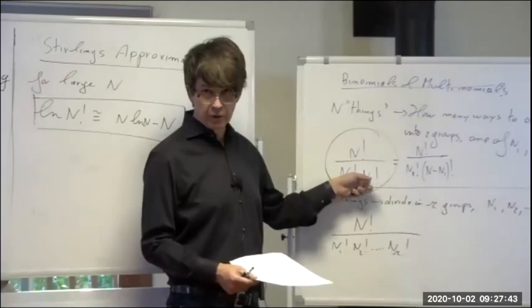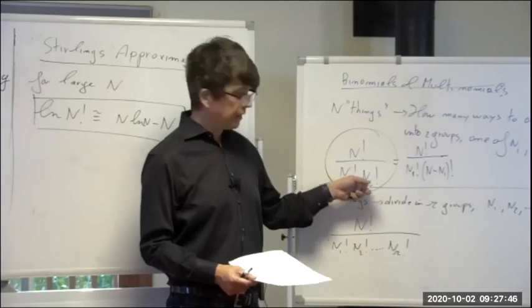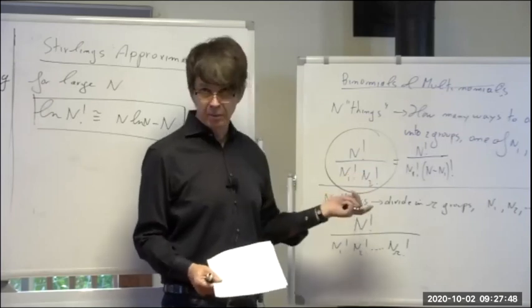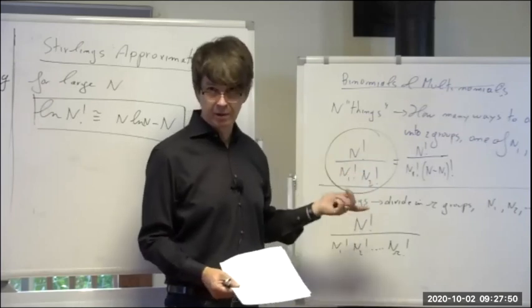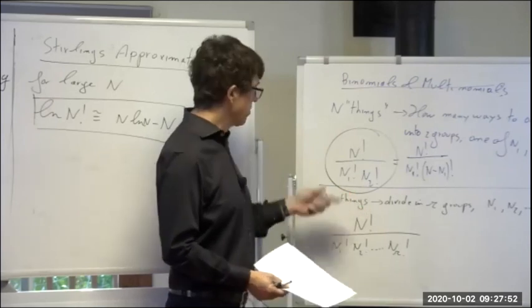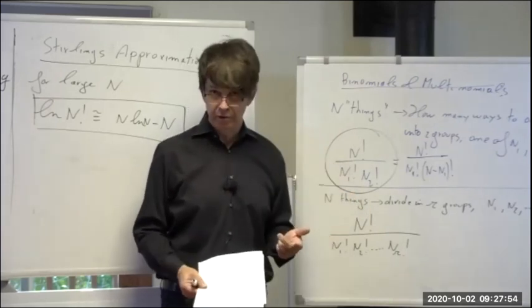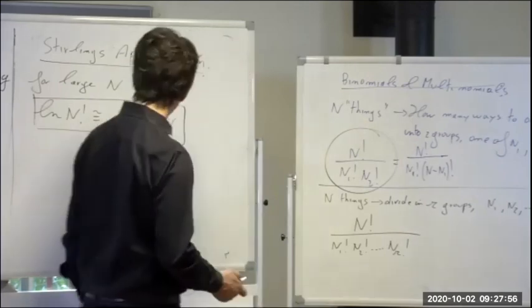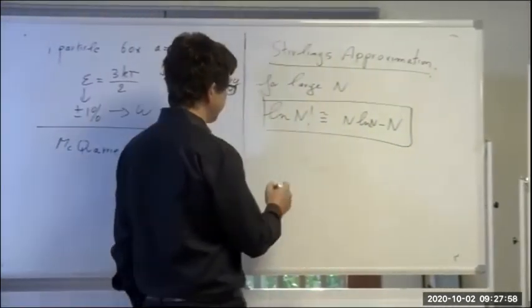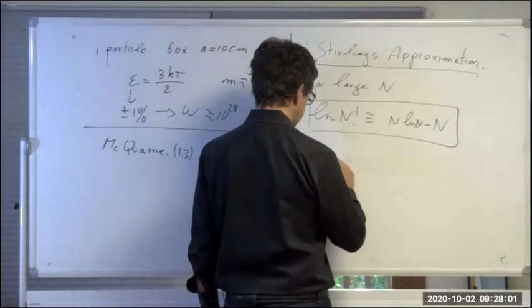And the way you do that, by the way, again, how do you find the maximum of something? You take the derivative, and you set that equal to 0. It's a mess to take derivatives of factorials. So what you always do is you rely on the fact that the log is a positive function.